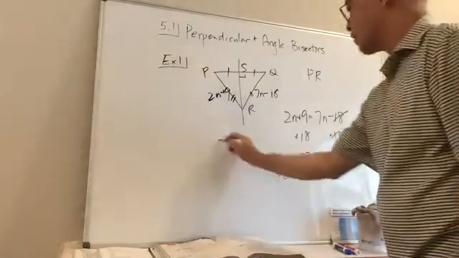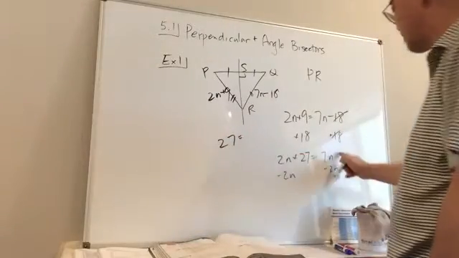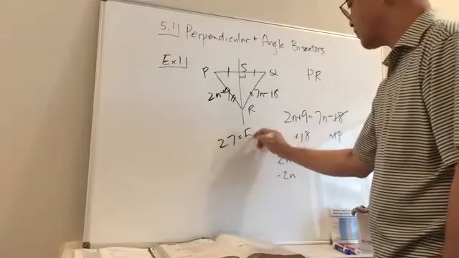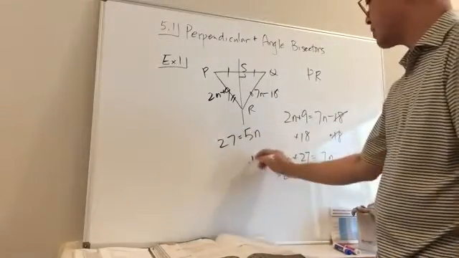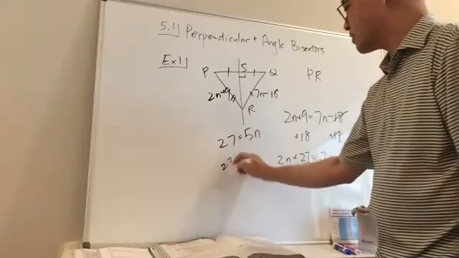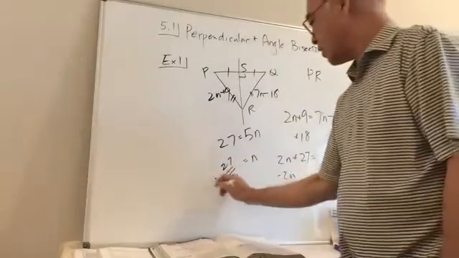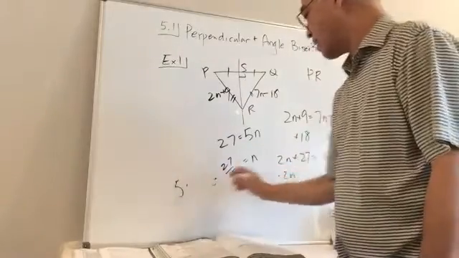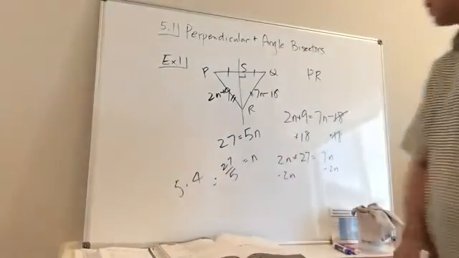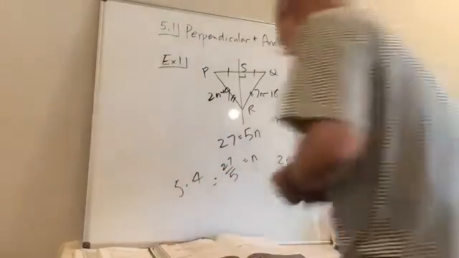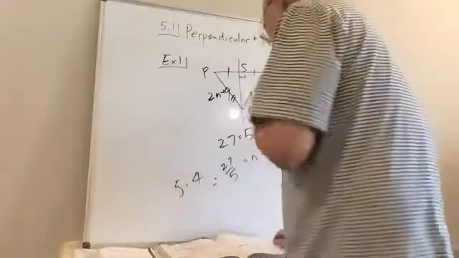Okay, so I'm going to have 27 is equal to 7n minus 2n, which is 5n. Therefore, n is going to be equal to 27 divided by 5, which would be 5.4. That'll be your answer. So that would be the n.